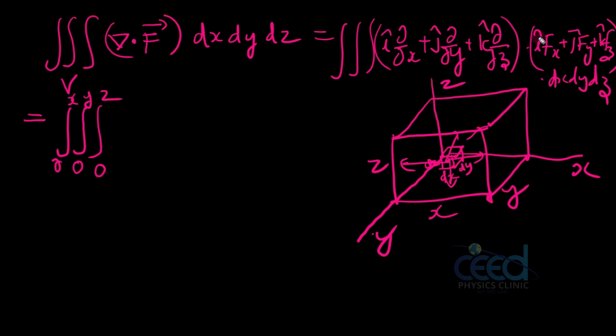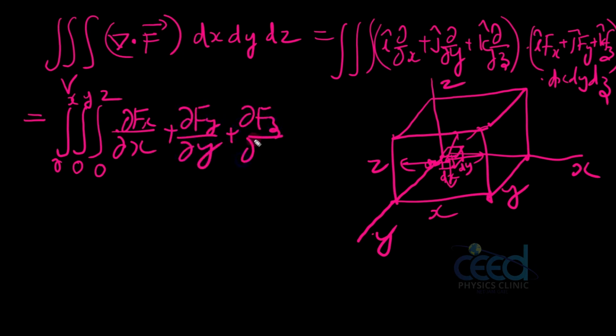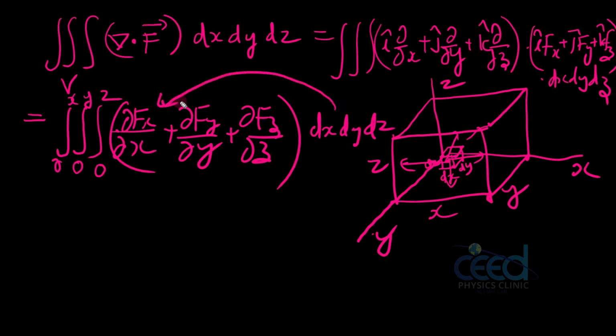Now if I am taking the dot product, that is dou fx by dou x plus dou fy by dou y plus dou fz by dou z, into dx dy dz. Now if I am multiplying this and integrating, here the only variable is x, so 0 to x limit also. By integrating this with respect to dx, what do I get?